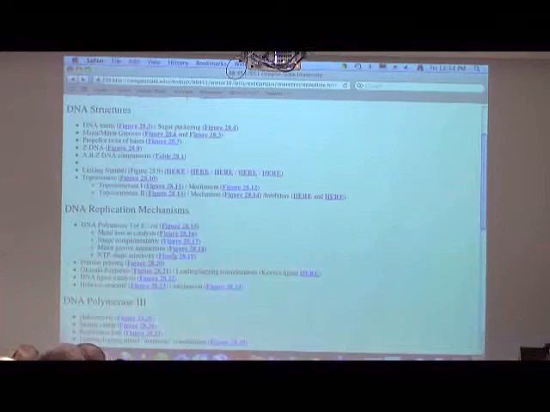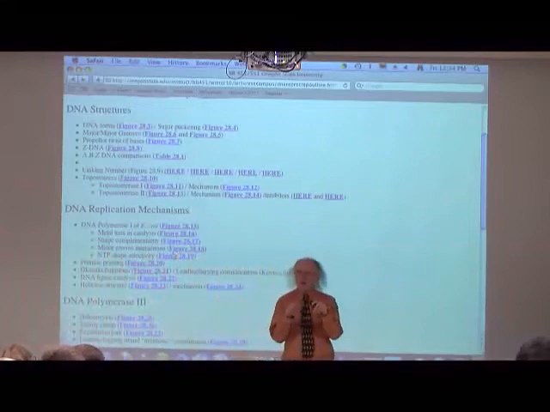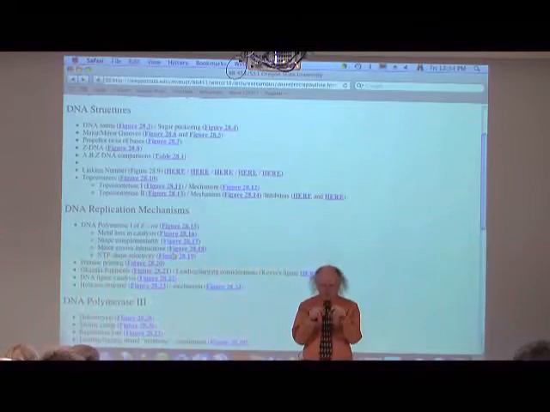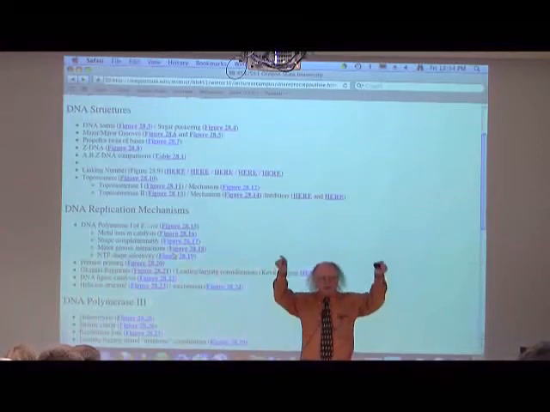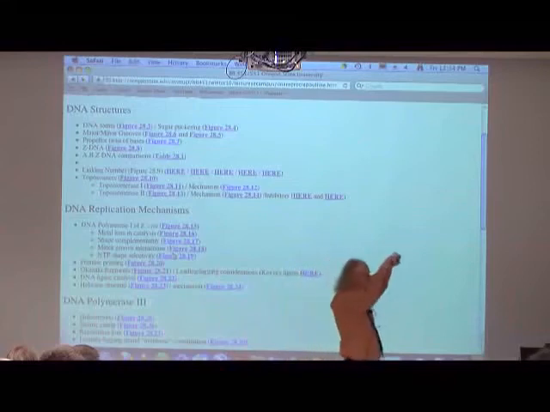It even has proofreading activity. This is all very cool. And then they discovered that DNA replication occurred by the way I described to you. Two replication forks. Not 100, not 200, but two. They start at a specific place, and they go outwards, and then meet elsewhere on the circular bacterial chromosome. Remember, bacteria have circular chromosomes. Okay?